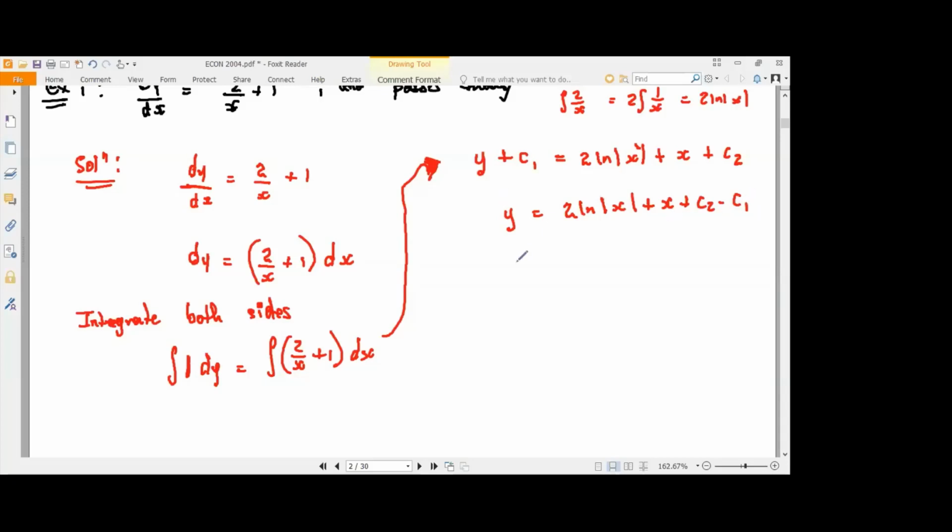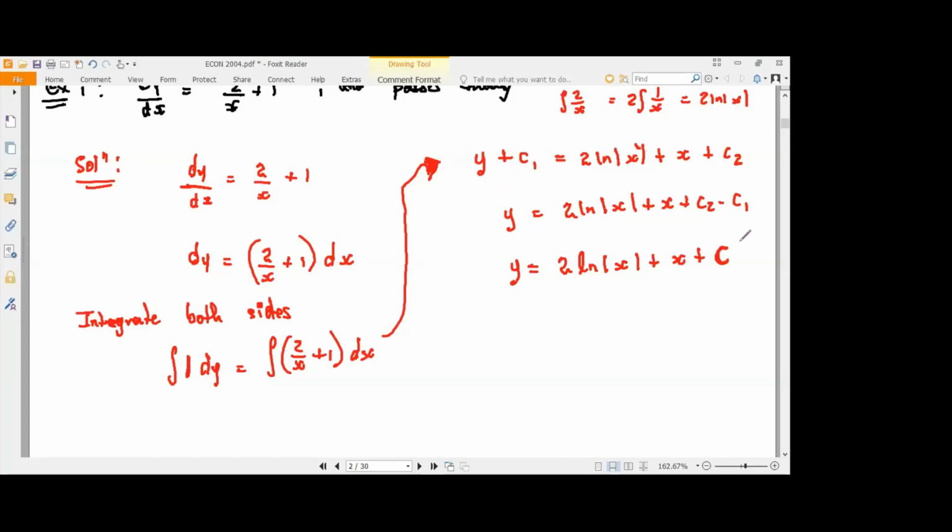So more than likely, when your teacher was demonstrating this concept, he literally just wrote the c over here alone, which is perfectly fine. But I did it to demonstrate how you just get the c at the end of the day. So it is 2 ln mod of x plus an overall c. You don't have to write c2, c1. You can just write the c on the x side, that's it. But I wanted to demonstrate how you ended up at this overall c here. The difference between two constants is another constant. It doesn't really matter. All right?